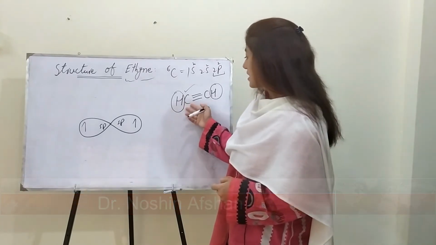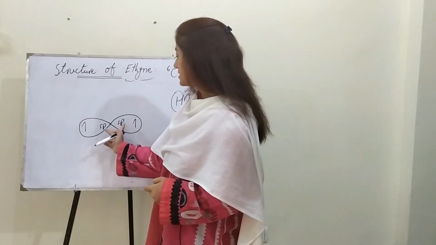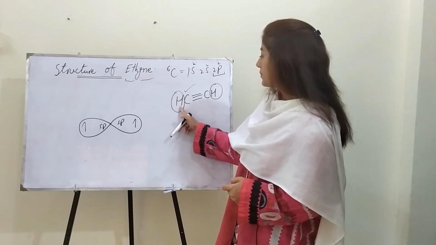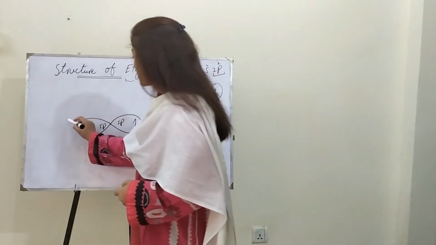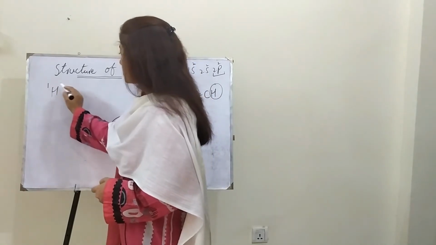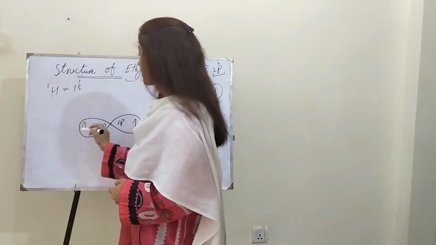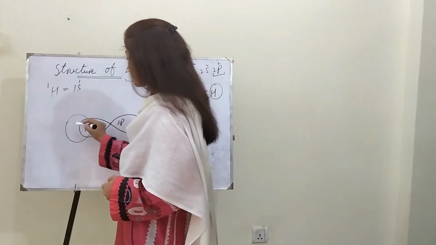If we consider this carbon atom, then it has two sp hybrid orbitals, and one hybrid orbital would overlap with the hydrogen. As you know, the atomic number of hydrogen is 1, and the electronic configuration of hydrogen is 1s1.